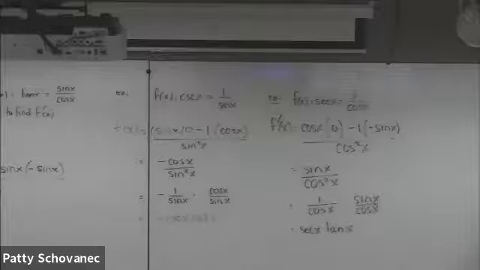So the derivative of secant is secant times the tangent. And one more fits down here. You can take the derivative of the cotangent by writing it as cosine over sine and doing the quotient rule.